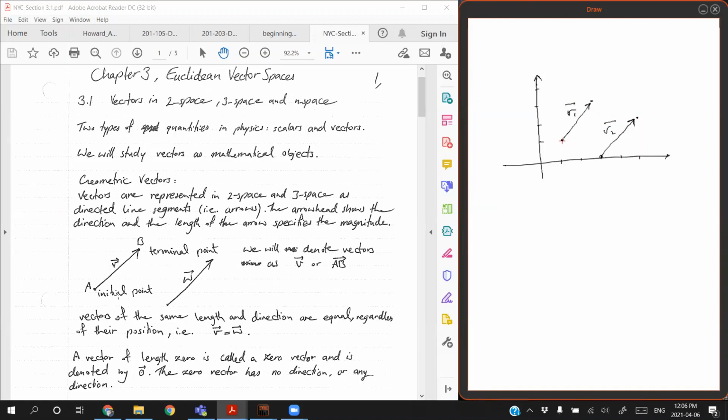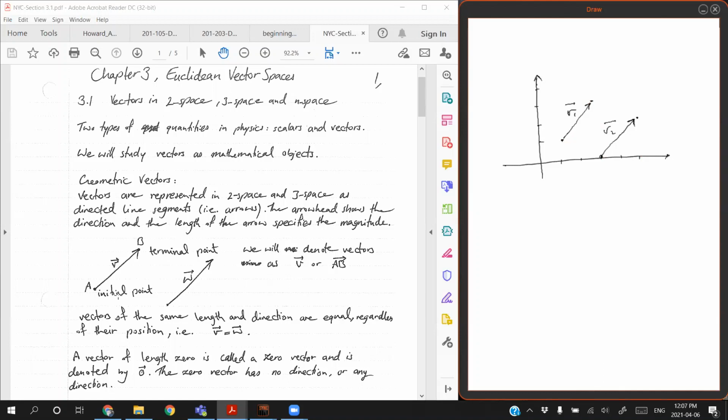In order to go from the initial point to the terminal point for each vector, you need to go 2 to the right and then 2 up. Same for this one, 2 to the right, 2 up. So these two vectors have exactly the same length and exactly the same direction. They're going to be parallel. So these two vectors are considered to be equal.